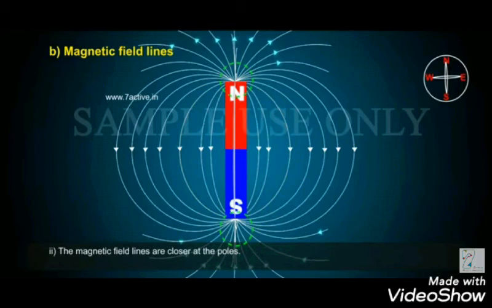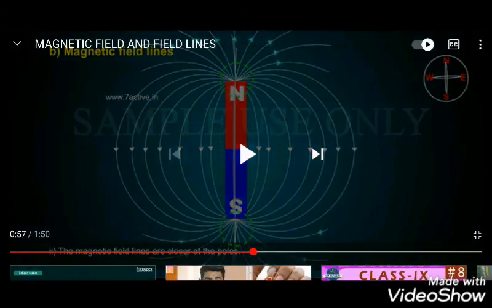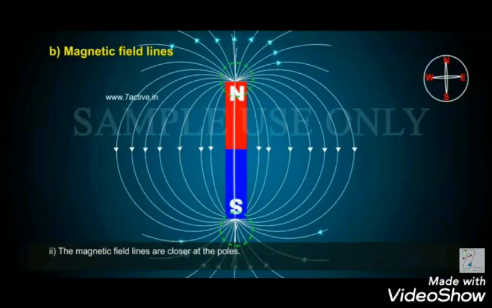That is another property. Suppose you think the two magnetic field lines are intersecting each other, what would happen? It would mean that at the point of intersection where they are meeting, the compass needle would point towards two directions, which is not possible.